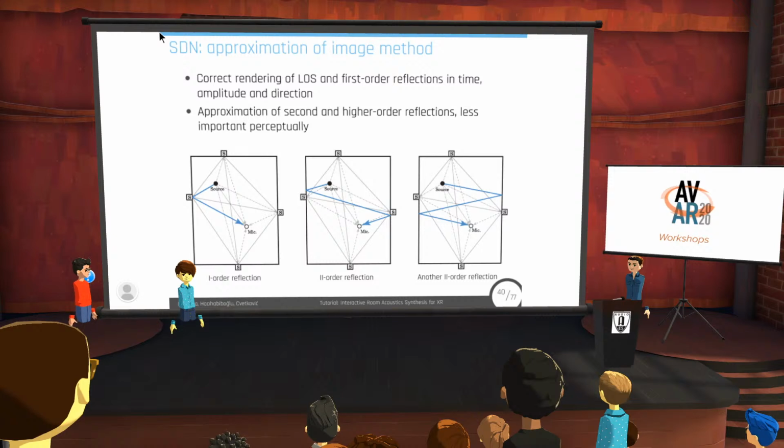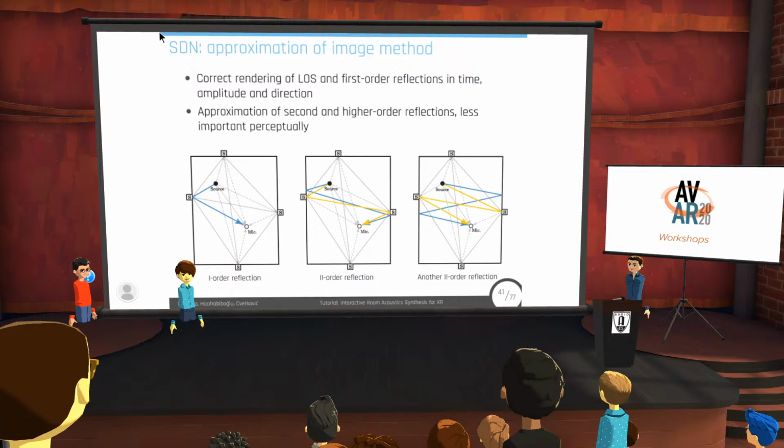When we consider how this is rendered within the scattering delay network, it is exact. We have a delay line that goes from the source to the scattering node and from the scattering node to the microphone, which provides the exact time delay for a first-order reflection. That means that this network of delay lines provides exact first-order reflections.